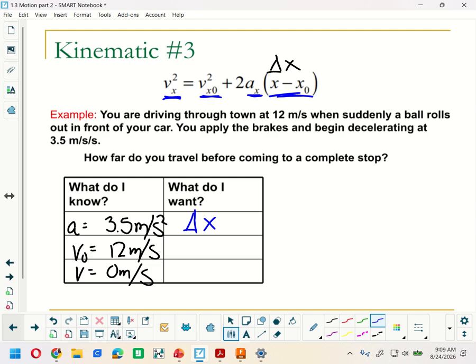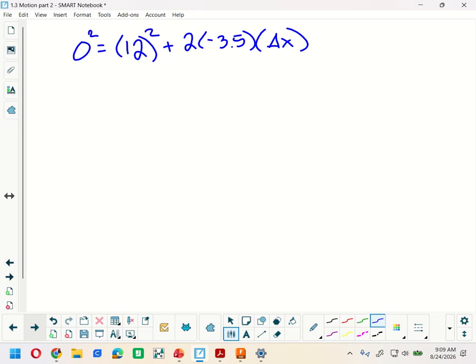I have a positive velocity, and something comes out in front of my car, I need to decelerate. I need to slow down. So I'm going to have a negative acceleration there. There we go. Now, I know calculators are always a good thing. If you are one of those people that need a calculator, please go ahead and grab one.